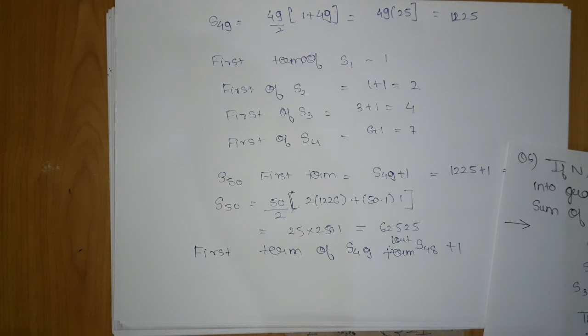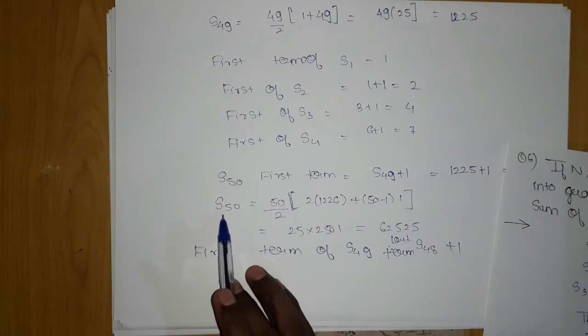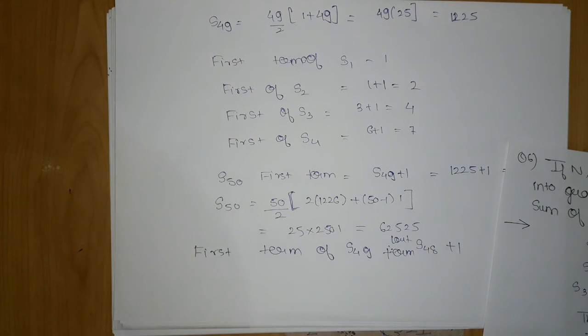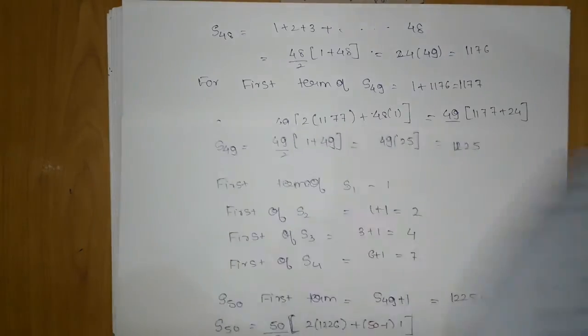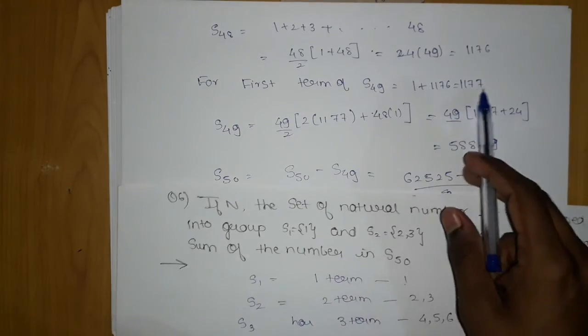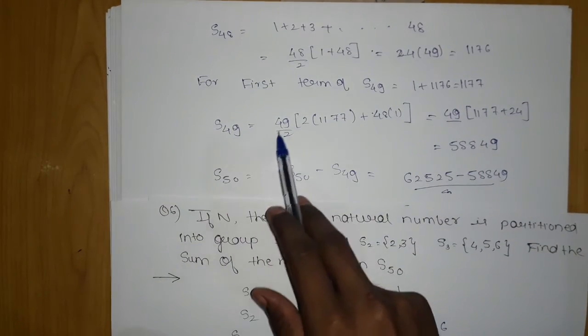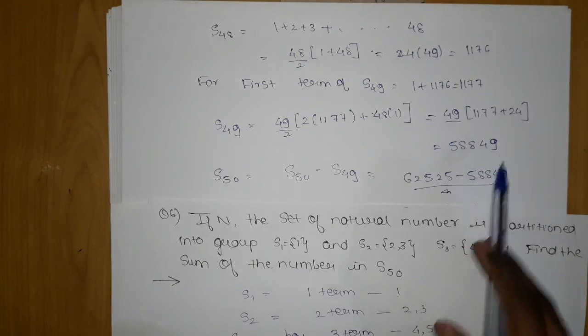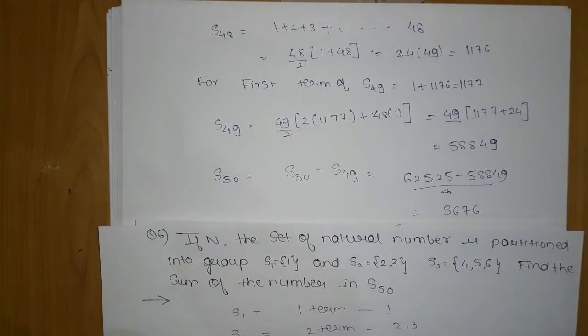S49 plus 1 gives the first term of S50, so I got S50. Similarly, for the first term of S49, it is S48 plus 1. So I found S48, added 1, and got 1177. Then I got the S49 sum, which was 58849. Then I subtracted both to get S50.